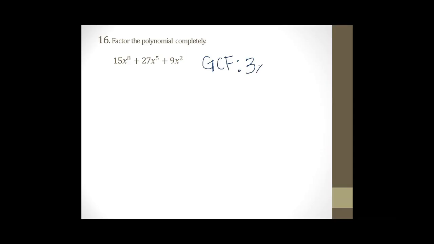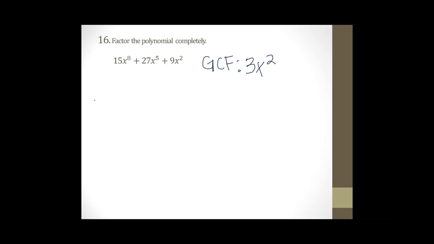Since all three have an x, it'll be x squared. So when you're getting the GCF, you want to make sure they all have the same variable. And if they do, you want to take the smallest exponent.